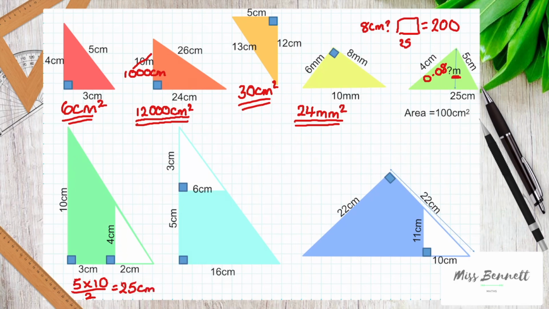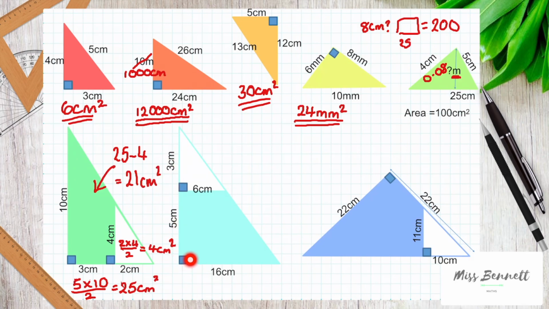And for the smaller triangle, the base is 2, the height is 4. 2 multiplied by 4 divided by 2 will give us 4 centimetres squared. And then I'm subtracting the smaller triangle from the bigger triangle just to leave me with the shaded area. 25 subtract 4 leaves us with 21 centimetres squared.